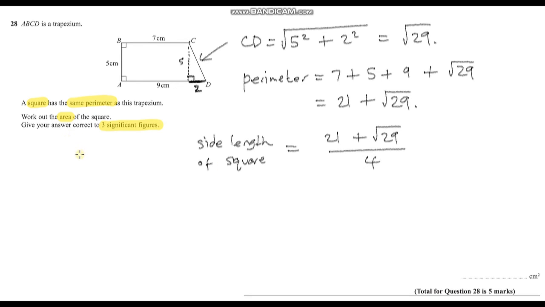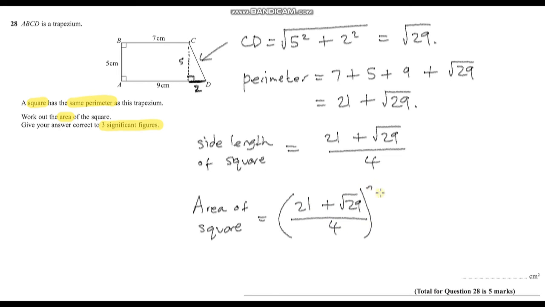So now we know the side length of the square, we can work out the area of the square. So area of square is all of this squared. So this is the side length, so it'll be this times this. So it'll be 21 plus the square root of 29 over 4, all of that squared.